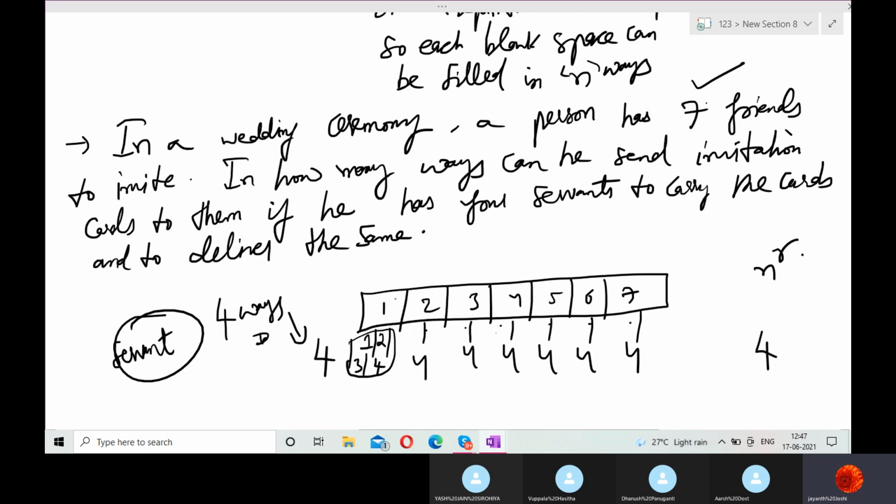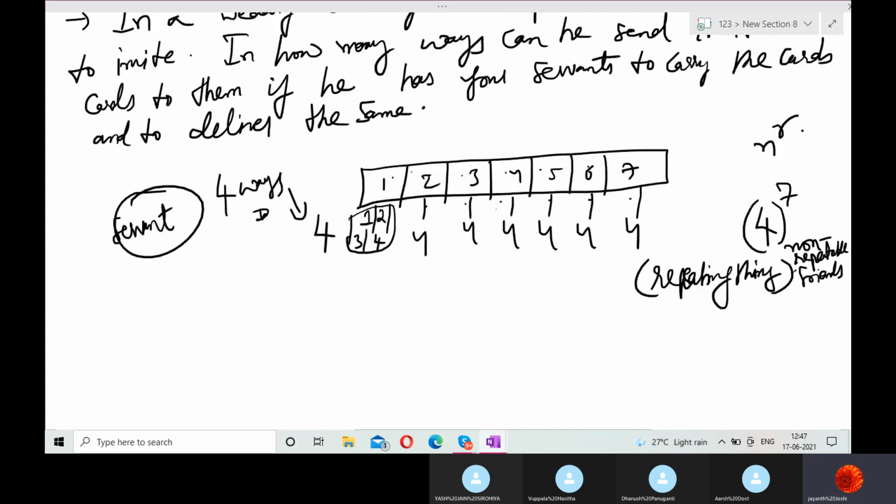And R is nothing but the number of spaces. So the repeating thing is the base, and the friends are non-repeatable. Why? Because a card can only go to one friend at a time, but there are four servants.